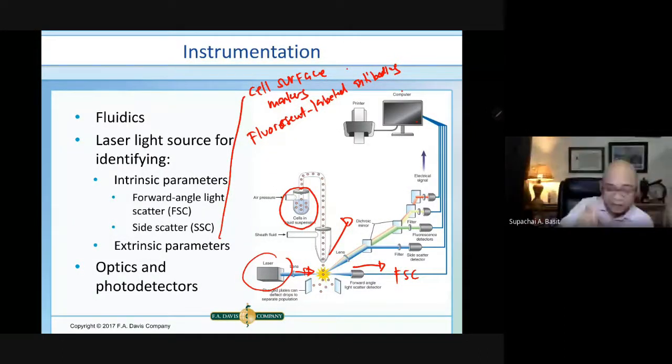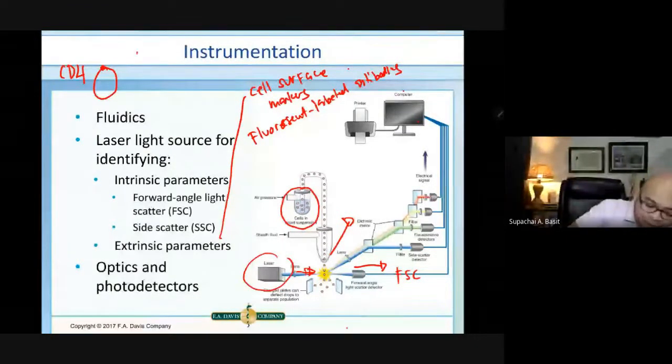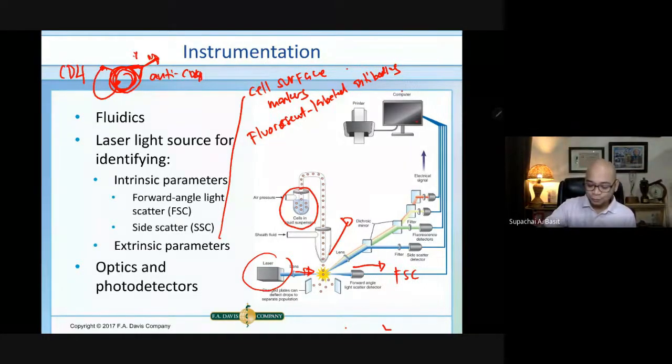So, for example, you want to determine CD4 in the cell. Therefore, you should use a fluorescent labeled anti-CD4.